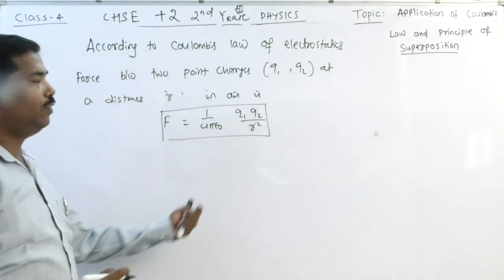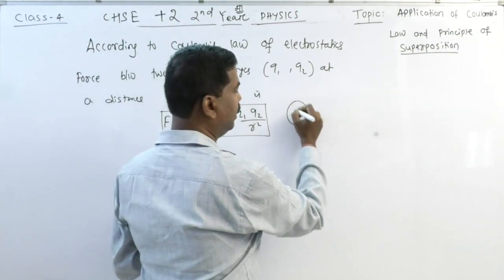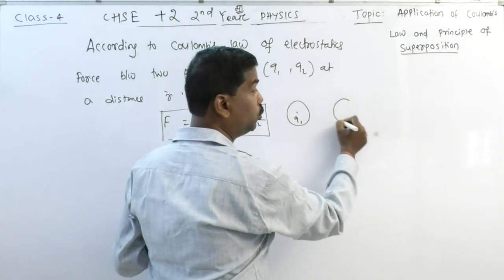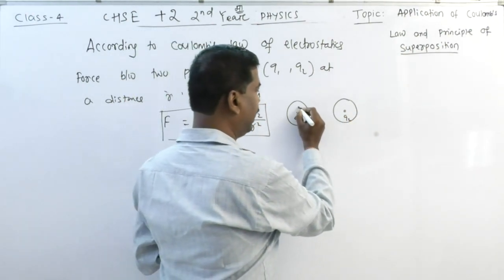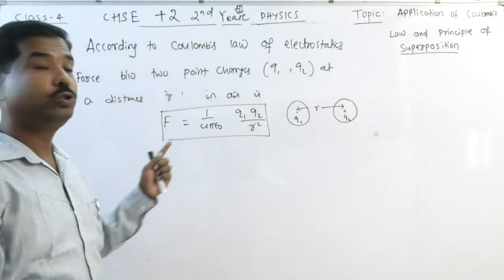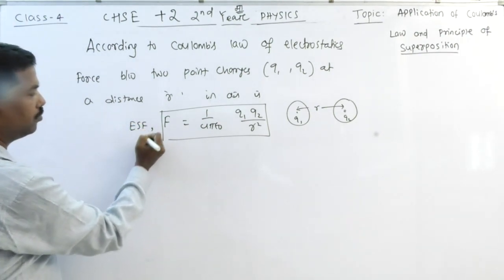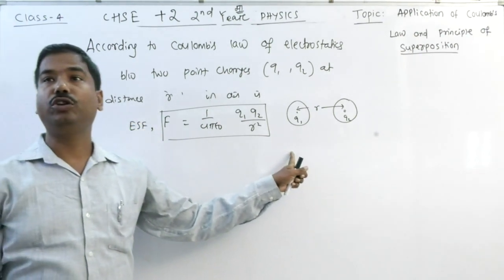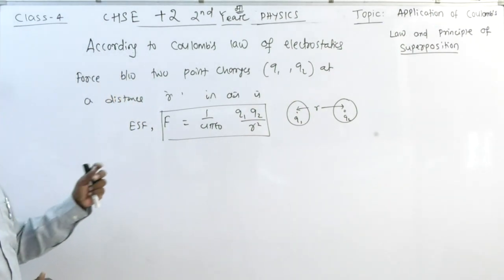In the previous class we have already derived this relation, and also we have discussed that if the 2 charges Q1 and Q2 are placed at a distance r apart, then the electrostatic force in air is 1 by 4 pi epsilon 0 Q1 Q2 by r square. Clear? On the basis of that we can solve.